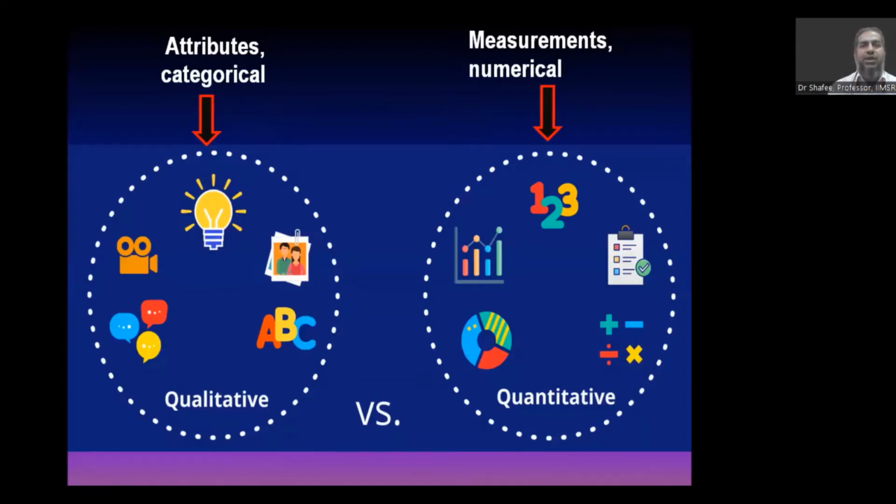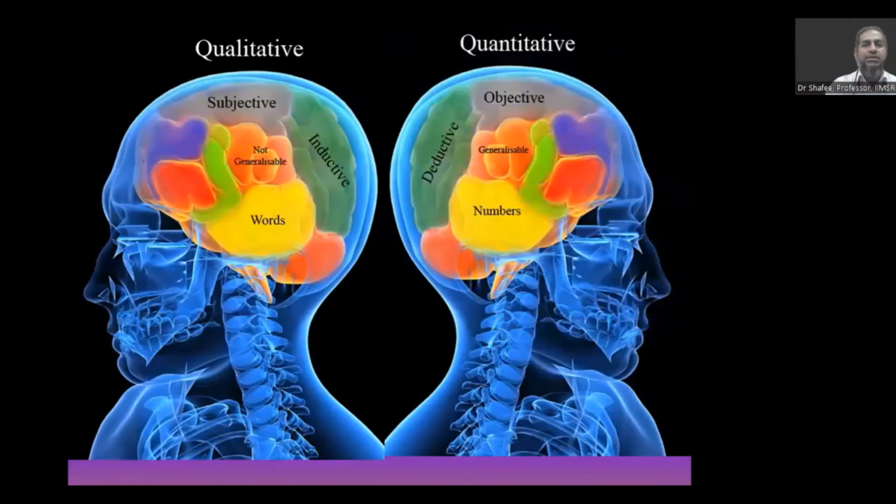Whereas in quantitative data, we have the measurements and we get the results in the numerical form or in numbers. Then qualitative data is subjective, means you can have your observation and based on that you will decide the quality.